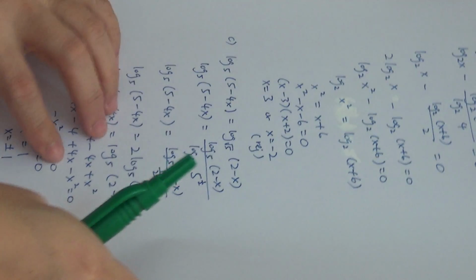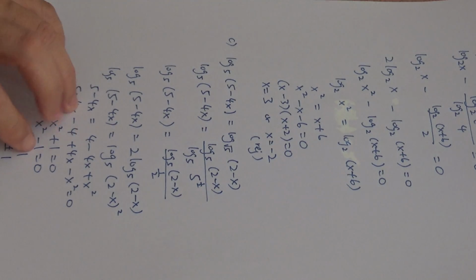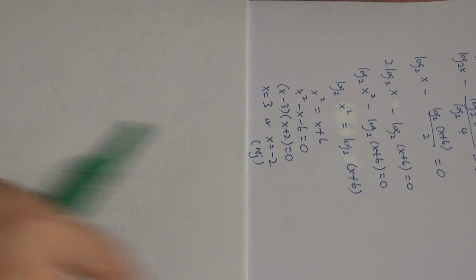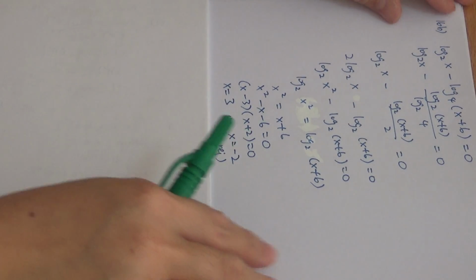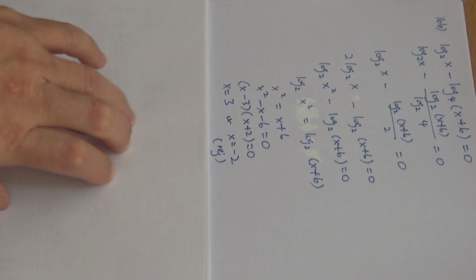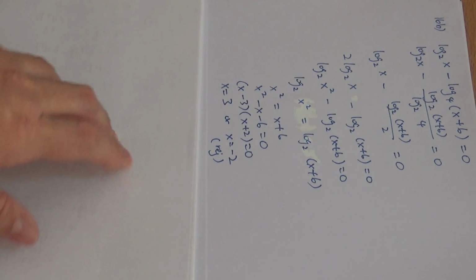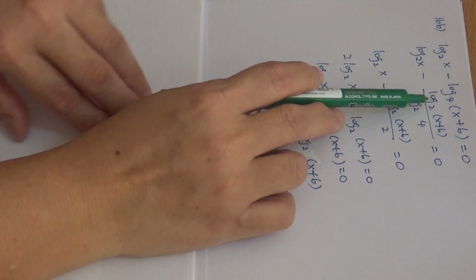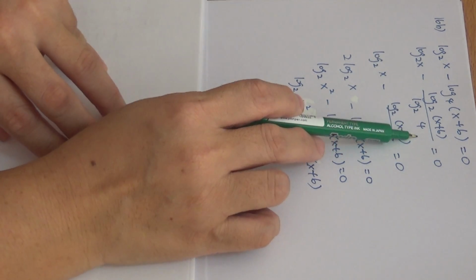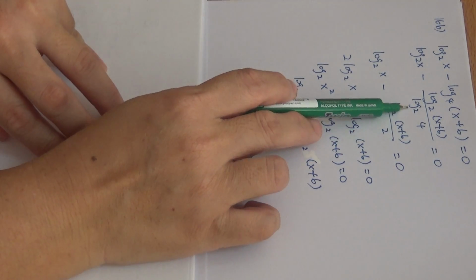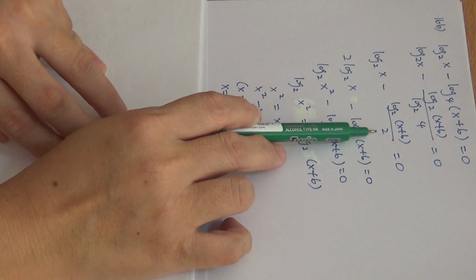Now I'm moving on to 16B. Let's take a look at 16B. I'm also changing base first. I'm changing all to log 2. So I have this. Now log 2 4 is actually 2.